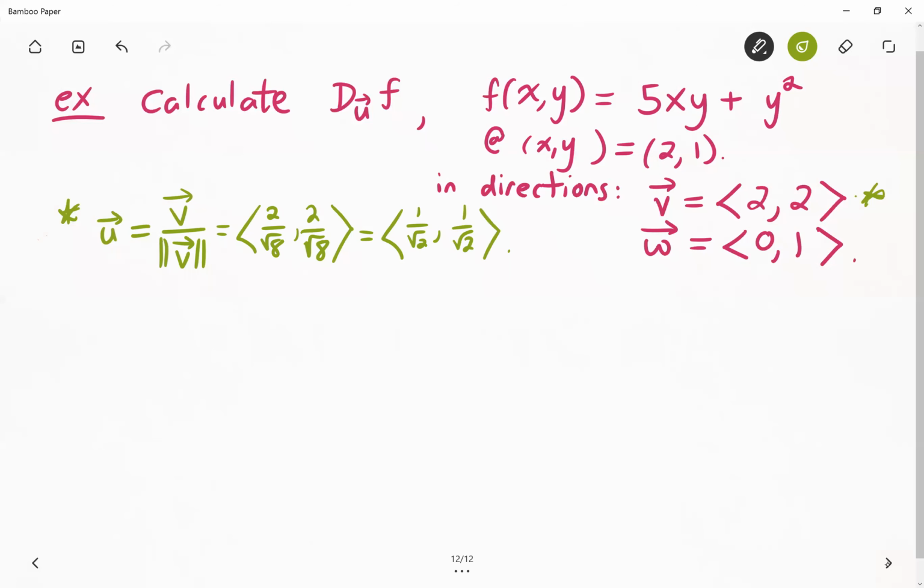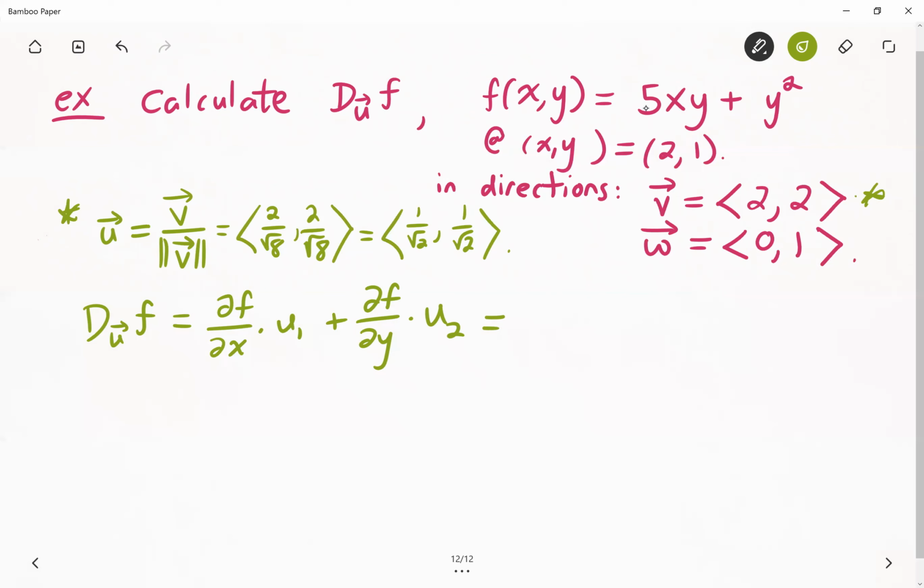And so for this directional derivative, D_u of f is equal to, remember the formula, df dx times u1 plus df dy times u2. So here, what's going to happen? For df dx, x is the variable, y is a constant. We have 5xy; x is the variable, 5 and y are constants.